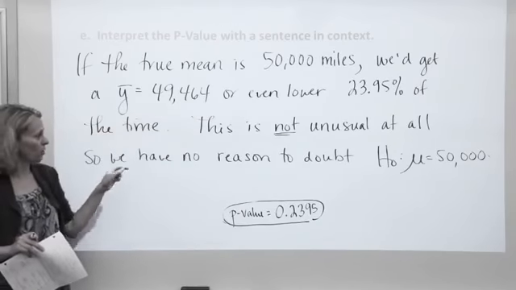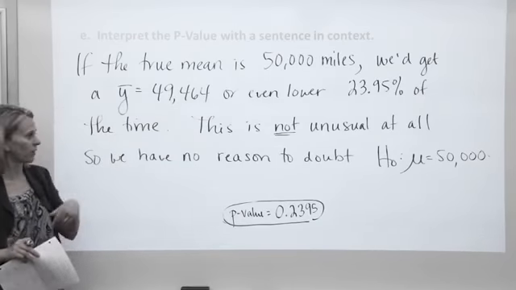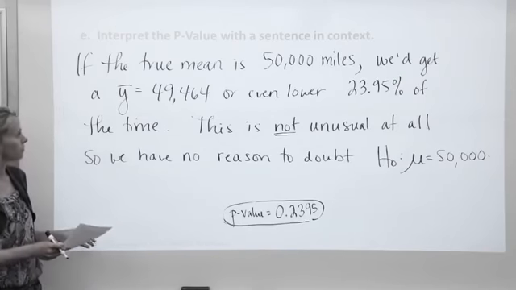When that p-value is small, you begin to doubt the null hypothesis and find evidence in favor of the alternative. But this p-value is not small at all, not even close.